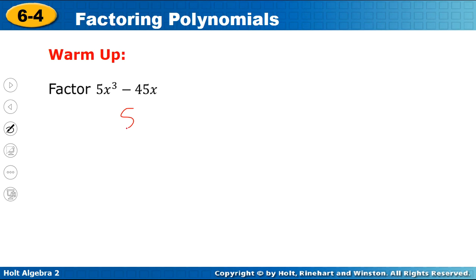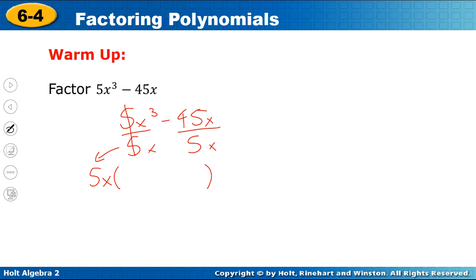So between these two terms, 5x to the third and 45x, there's something these two terms have in common that you can divide them by. And the answer is yes, both terms are divisible by 5, right? And both terms have an x in them as well. So we're going to divide by 5x, and we're going to take the 5x out. All right, and when we divide by 5x, this will become a 1x squared, and this will become a negative 9.